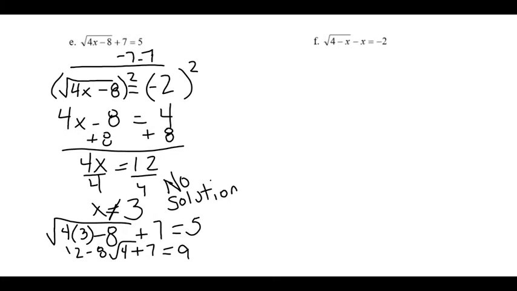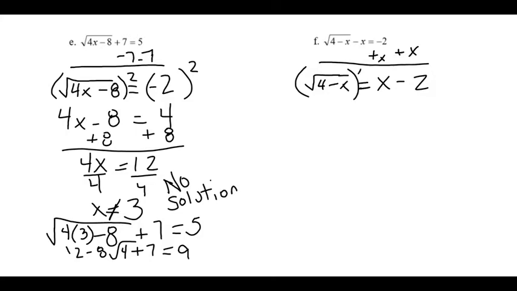All right, now for F. We're going to isolate the radical by first adding x to both sides. So we will have the square root of 4 minus x equals x minus 2. And I just put it in that order because it'll be easier. Now we have to square both sides. So under the radical, we'll have 4 minus x.